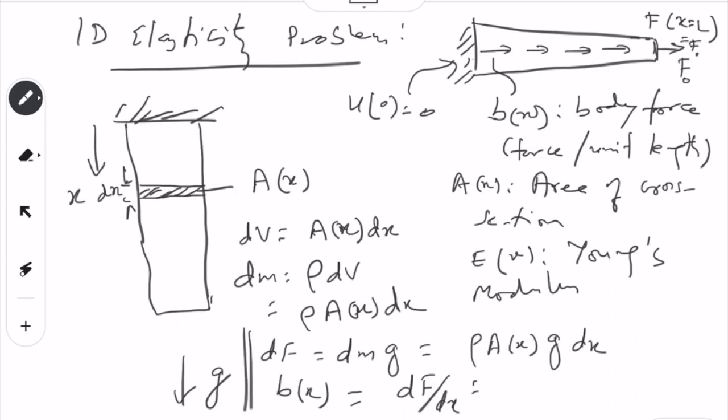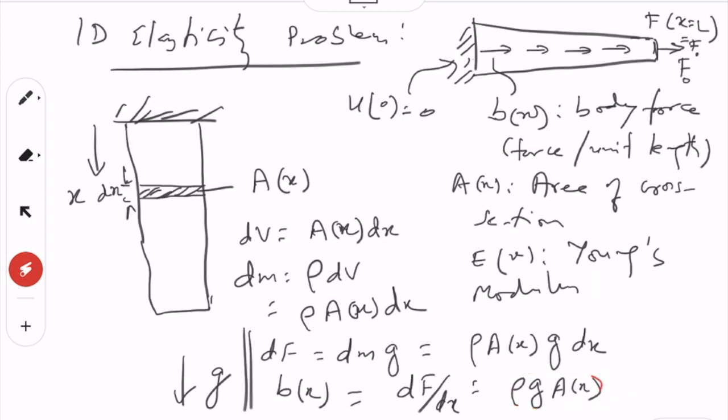So, which is equal to rho g A(x), right. So, this I am giving you just one example, actually it is not that we have to write Bx exactly like rho g A(x).